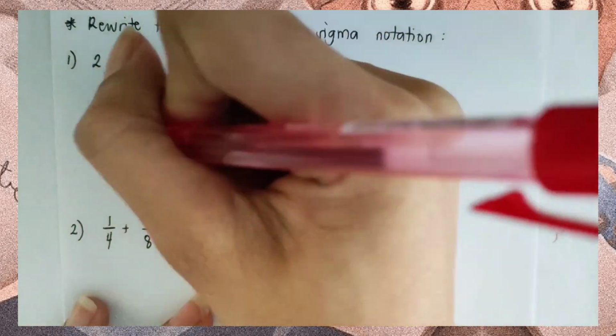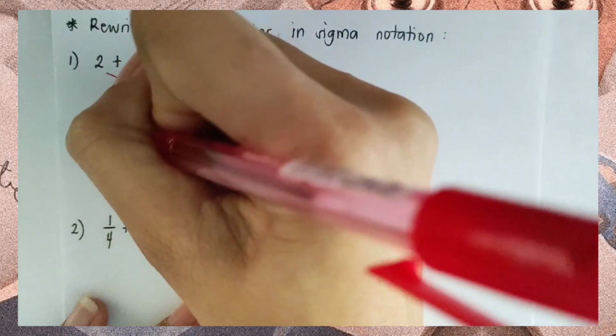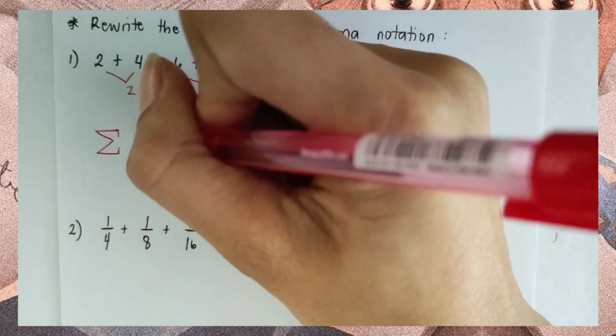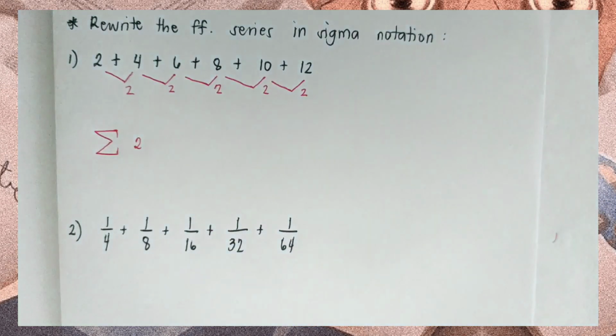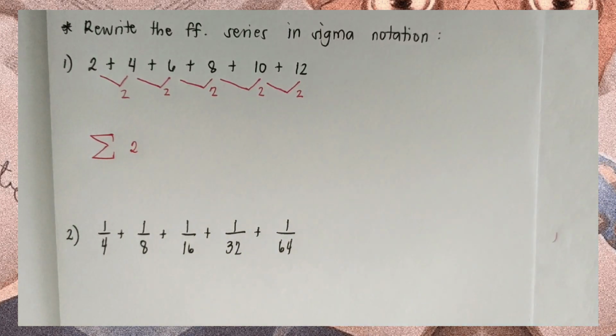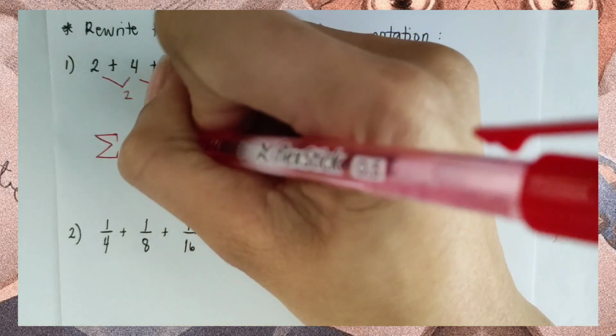So we need to write our sigma symbol or our summation symbol. Then write the common difference, 2, here in our element. Then choose a letter or variable that you want to use. Example, I want to use letter k. So let me use that variable here. I will put k.